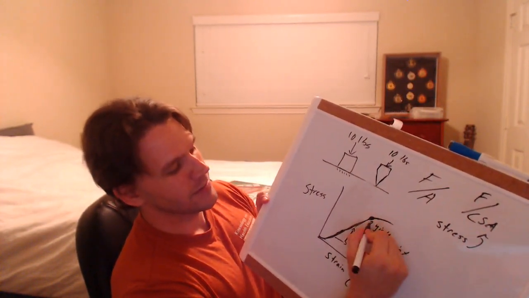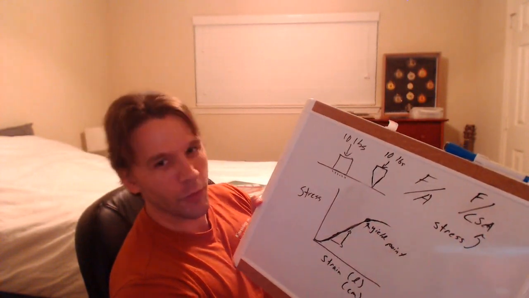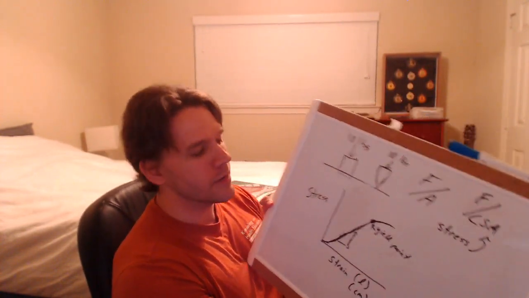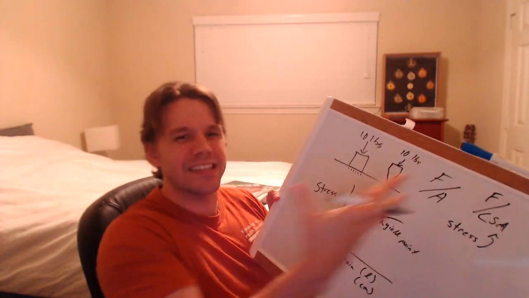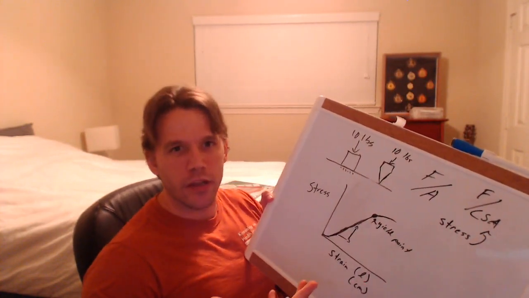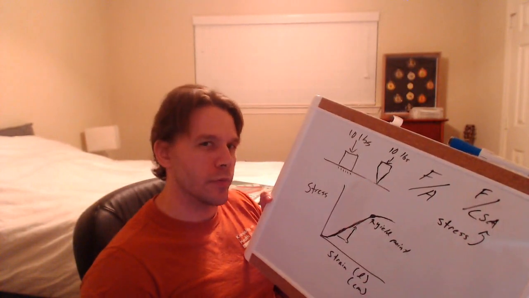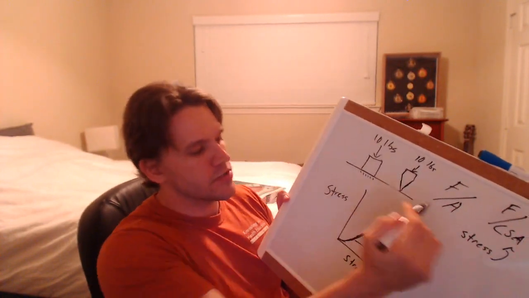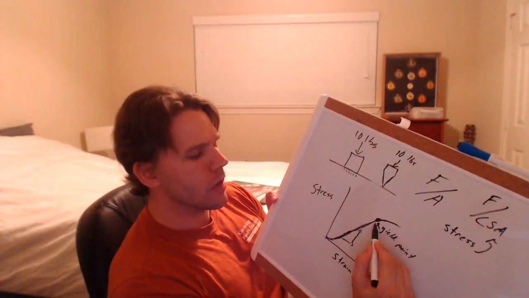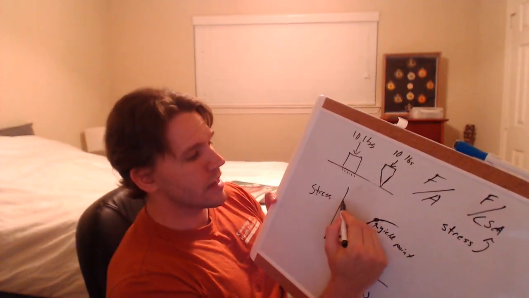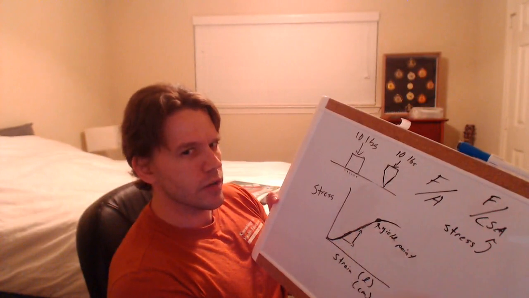I should fix that, right? Maybe that doesn't help. But the yield point, this is where suddenly this material is not resisting being stretched or being deformed as well as it was before. That is to say, I've deformed it a certain amount, and now as I continue adding stress, I don't have to add a lot more to start stretching it more and more.